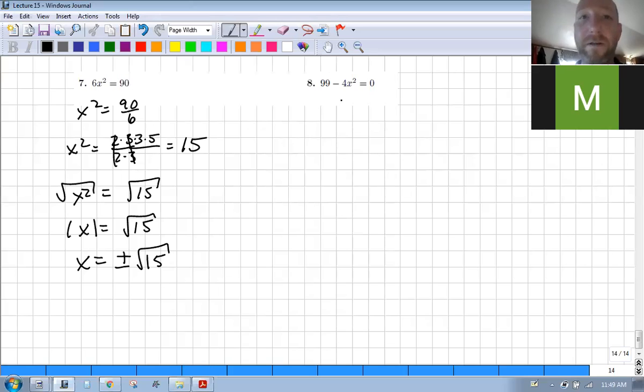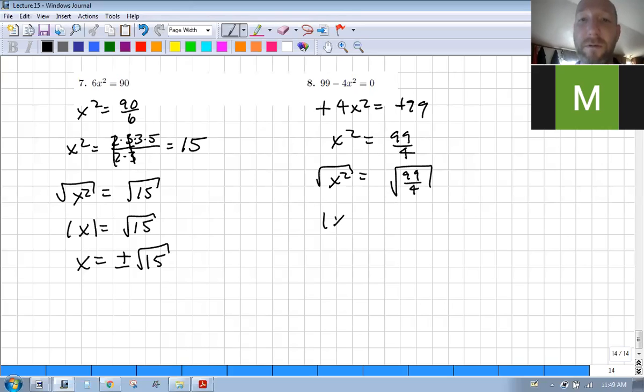Right over here, subtract 99 from both sides. Multiply by a minus 1. Divide by 4. Square root. Let's see, square root of 99. What's the square root of 99? Is there a square root of 99? Let's see.